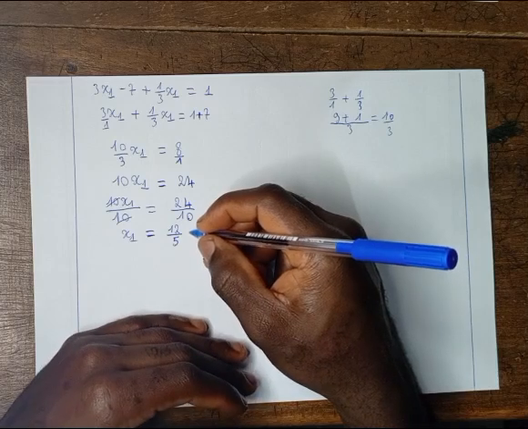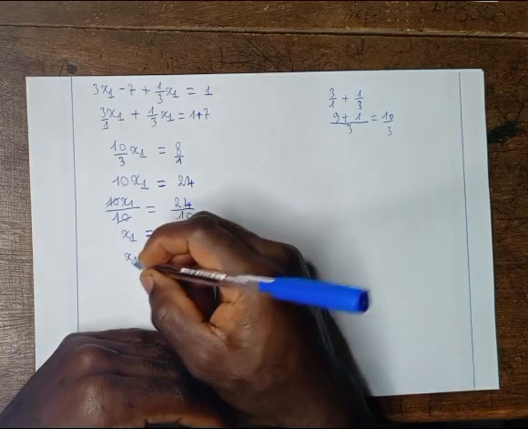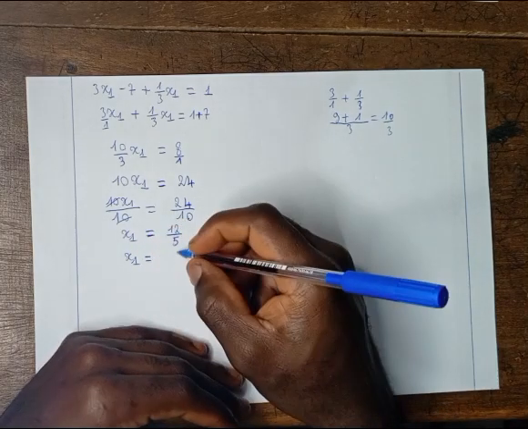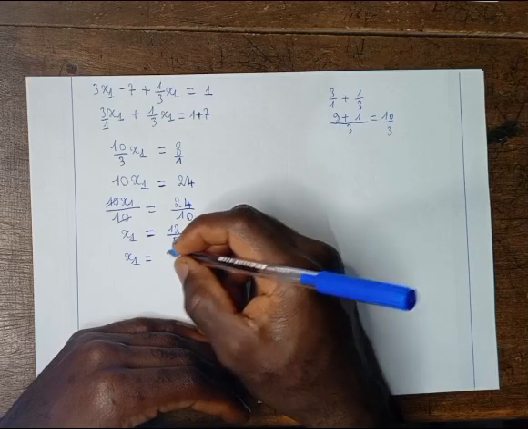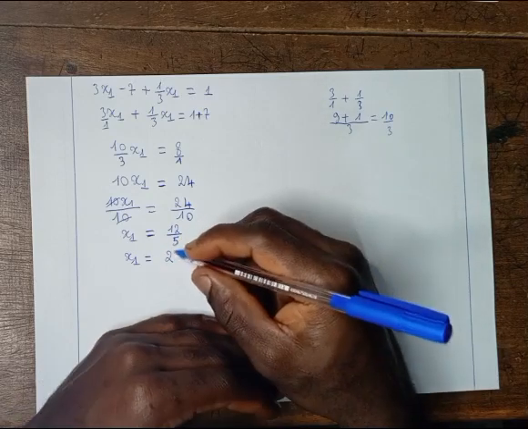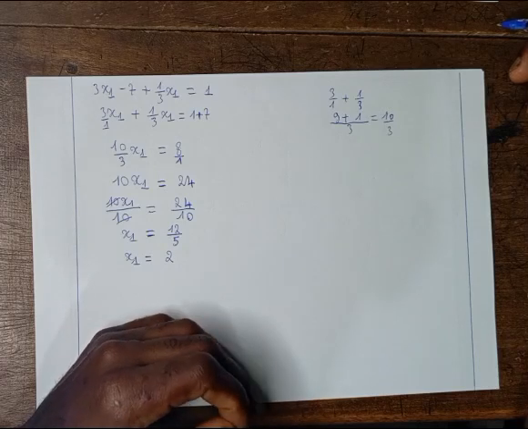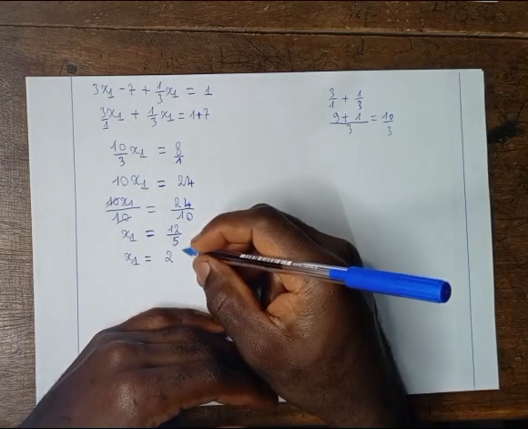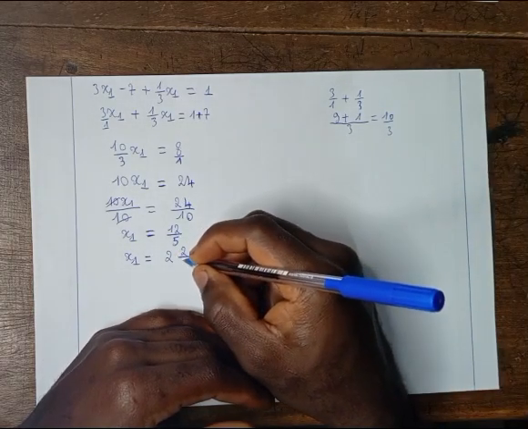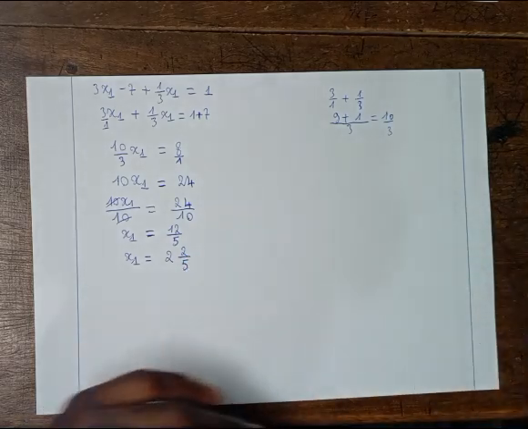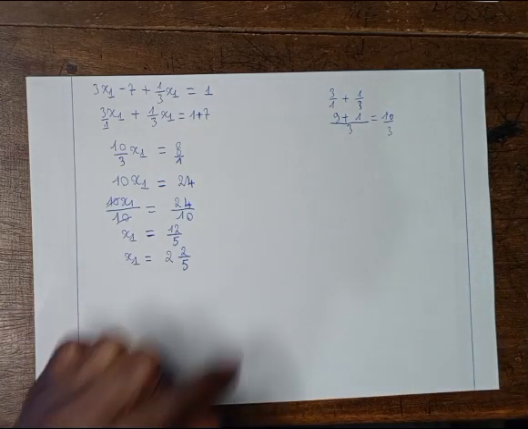We can write this down as a mixed fraction. This will give us x1 to be 2. The whole number part will be 2 because when we divide 12 by 5, we are going to obtain 2 remainder 2. In the remainder which is left, 2 is to be divided by 5. So this is the value of x1.